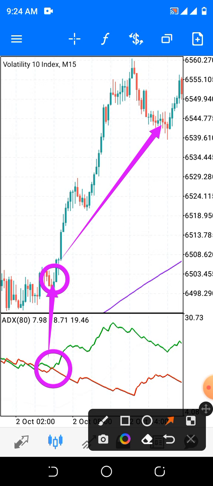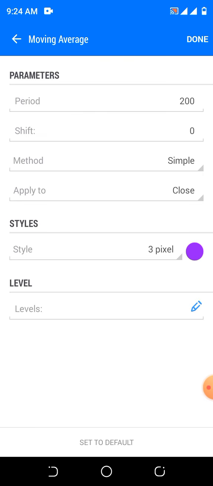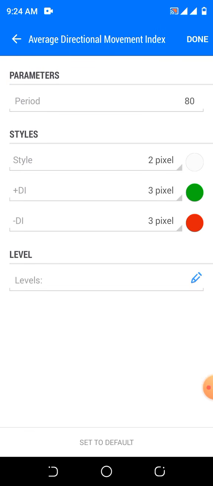Now let me show you the settings. Moving average, which is the first one: period is 200, shift 0, method simple, apply to close, style, choose the color of your choice. Now let's come to the side of ADX: period is 80.